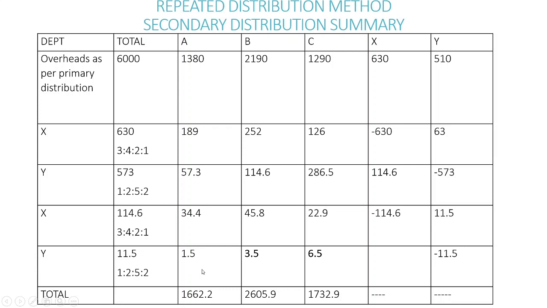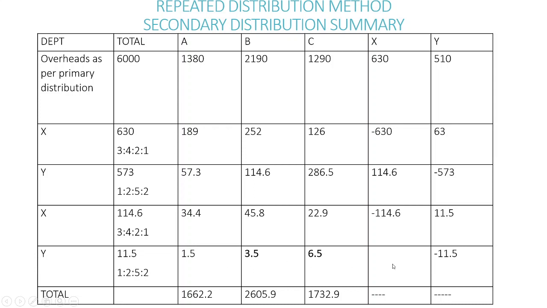So the 11.5 you need to adjust a little bit so that the amount of 11.5 is distributed among the three production departments only. The amount is actually 1.15, but here we are writing it as 1.5 so that we get a total of 11.5. Otherwise you will have to allot for X department also. In case of X department it will be again 2.3 and then one more distribution we will have to do, 0.69 paise and all.